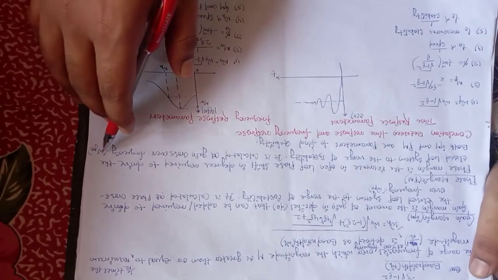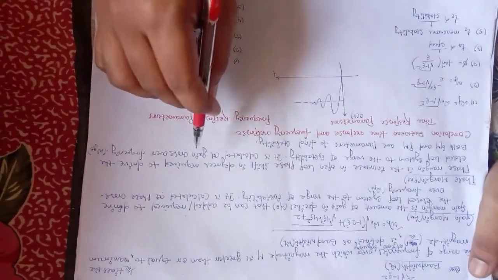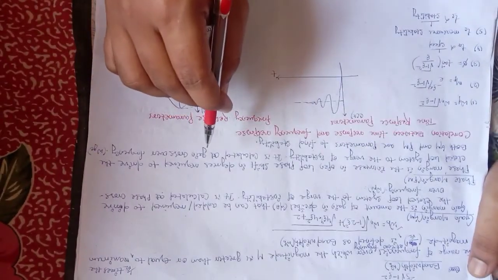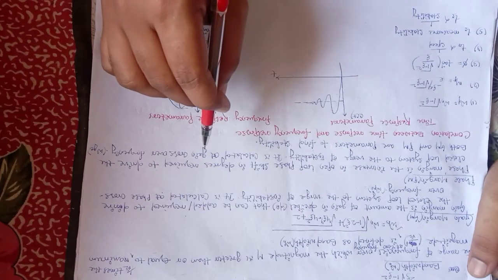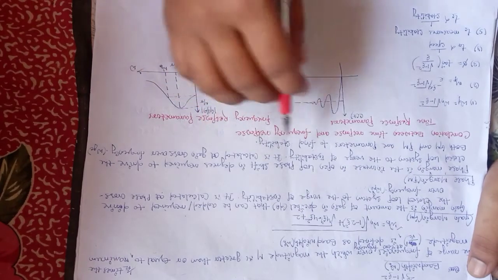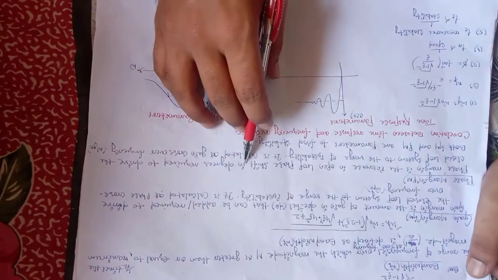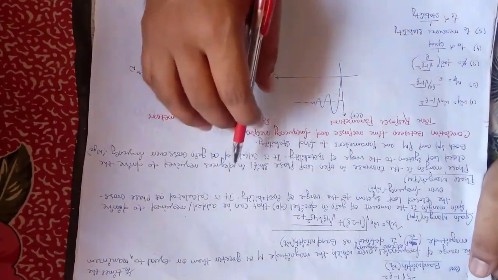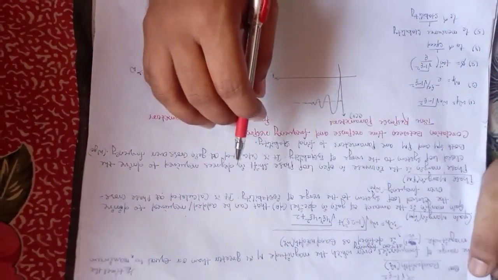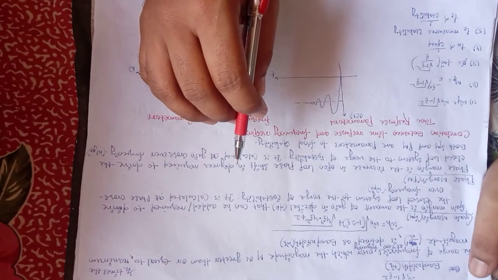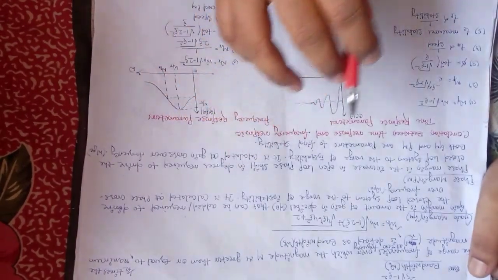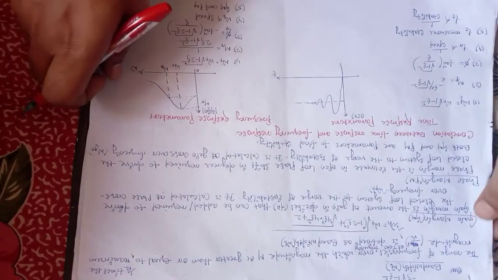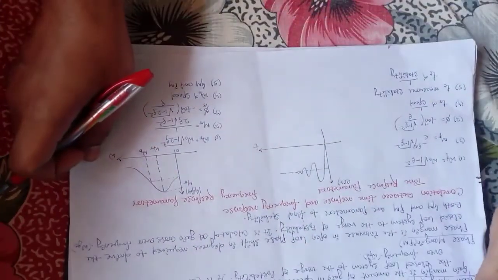The gain crossover frequency is the frequency at which the gain is 0 dB. So these two are basically the parameters to find the stability of a system.